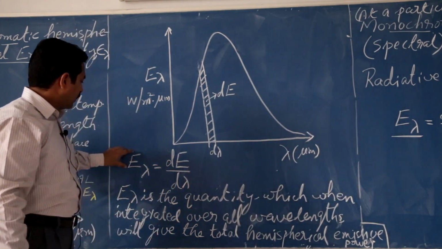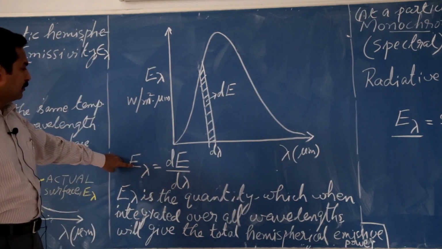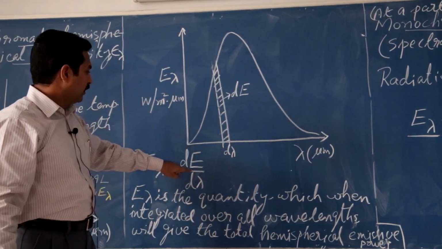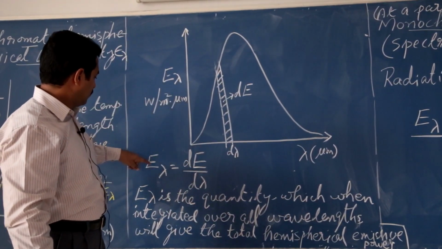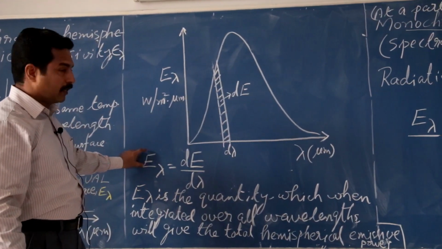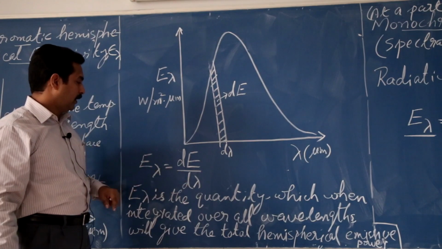Then what is spectral hemispherical emissive power? We can get dE equal to the spectral hemispherical emissive power times d lambda.